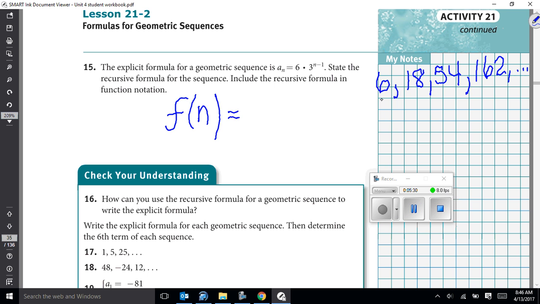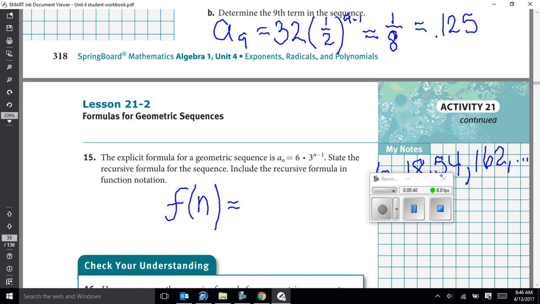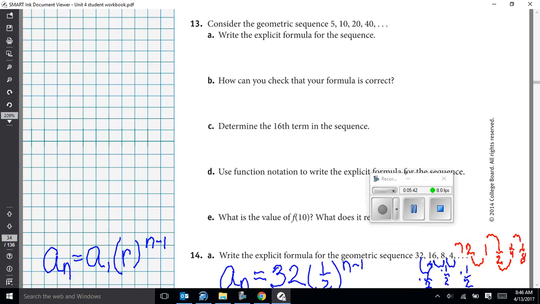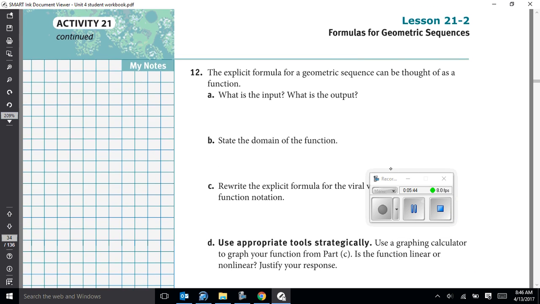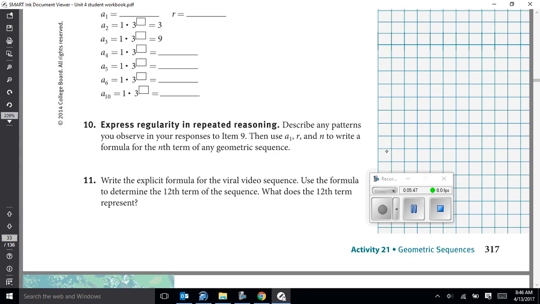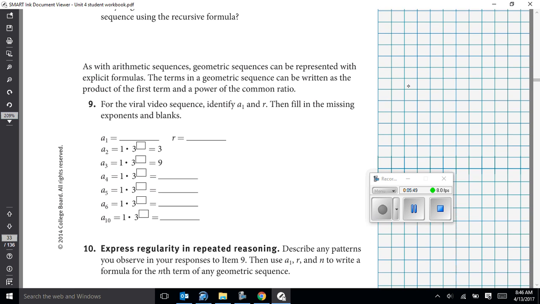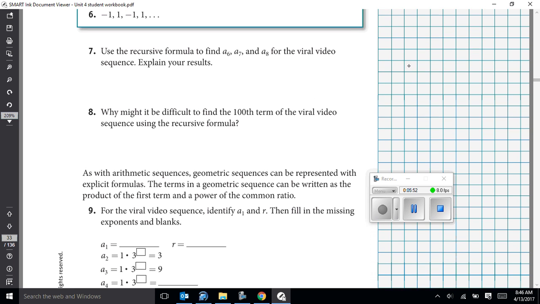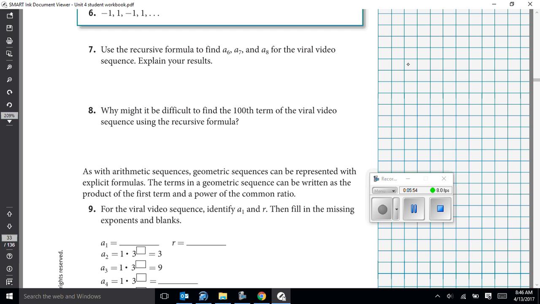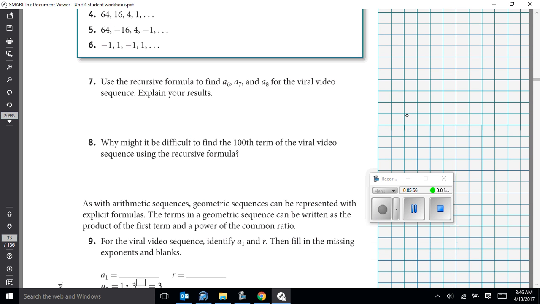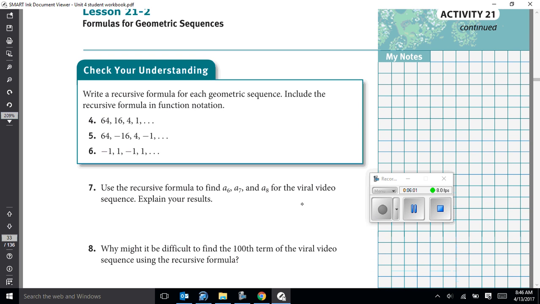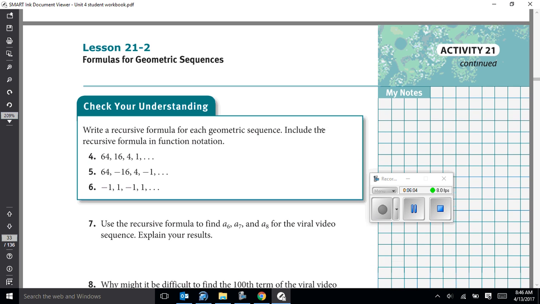Alright, so when it says recursive formula, what's it asking for? Let's go back and look at yesterday, number 7 and 8, where we're dealing with the recursive formula.